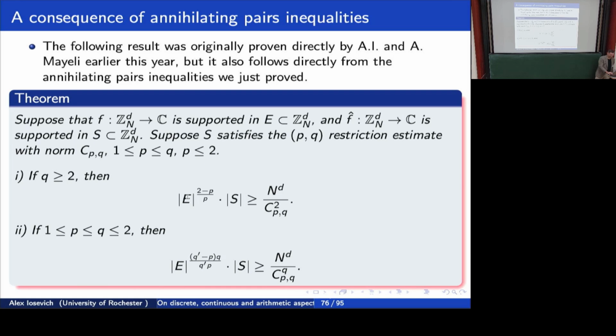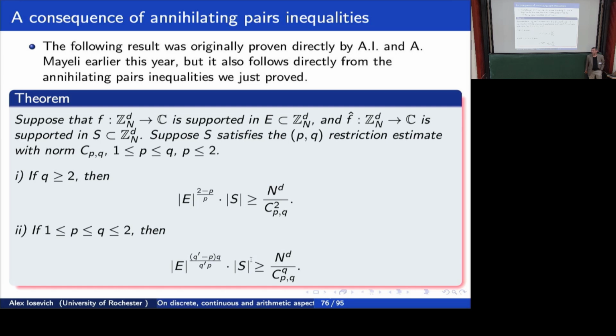And if P and Q are between 1 and 2, then you get the same numerology as you saw in the annihilation inequality.